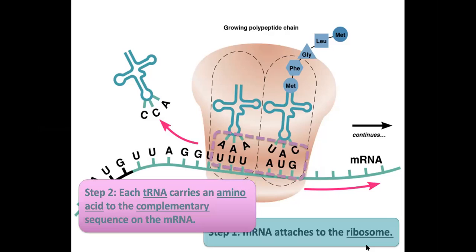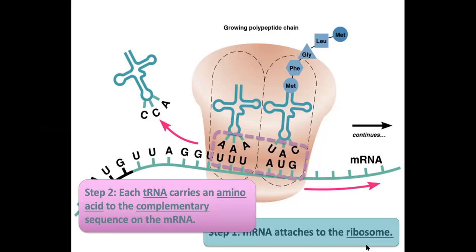So the second step, each tRNA, these bubble-looking T's, carries an amino acid to the complementary sequence on the mRNA. So that is the anticodon matching up to the codon. We don't need to be so worried about this as we do with this and the amino acid that it brings in, okay?